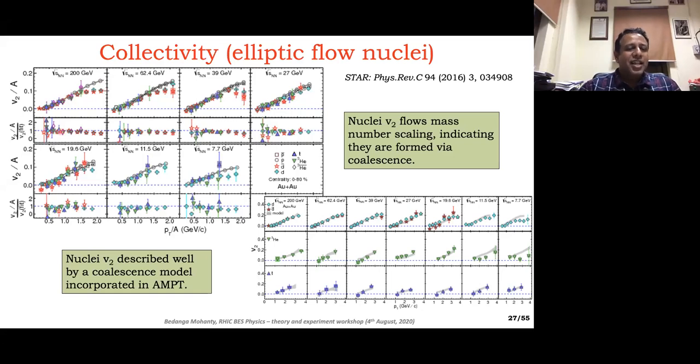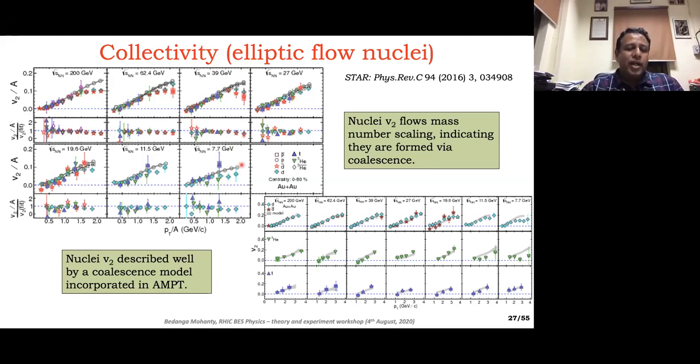And you can see that the ratio is around unity, V2 scaled by the mass number, plotted as a function of PT scaled by the mass number, when divided by the V2 from the nucleonic contribution. This suggests that this mass number scaling holds, which qualitatively tells us that the nuclei, according to this observation, are formed through coalescence of the nucleons.